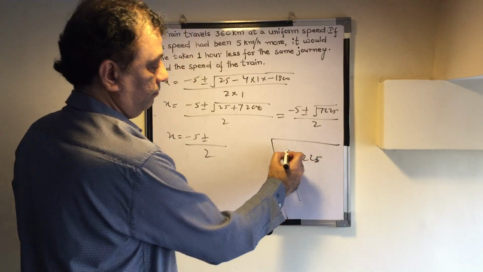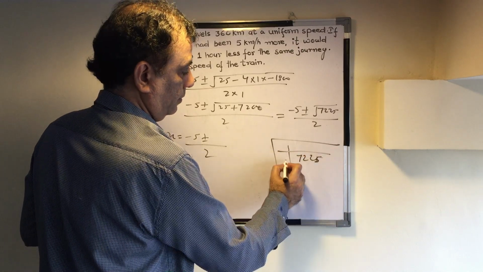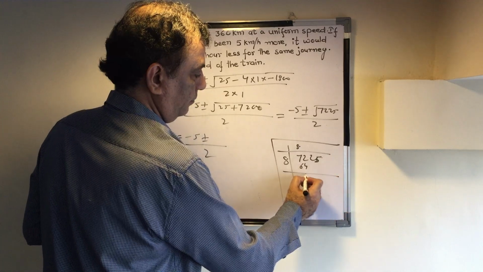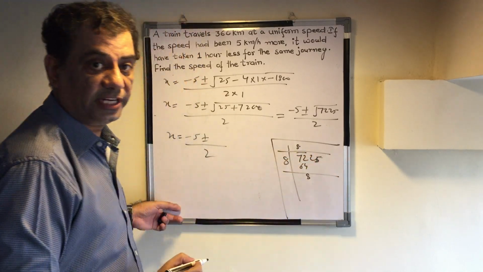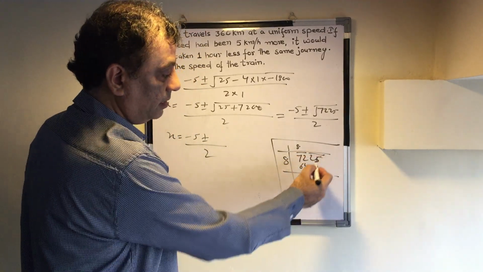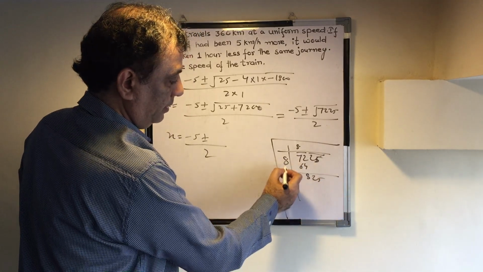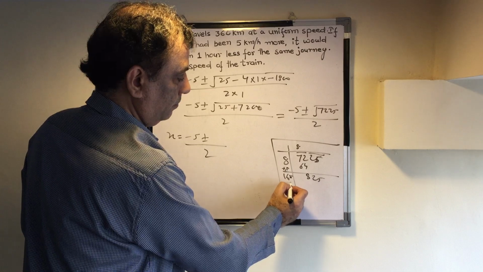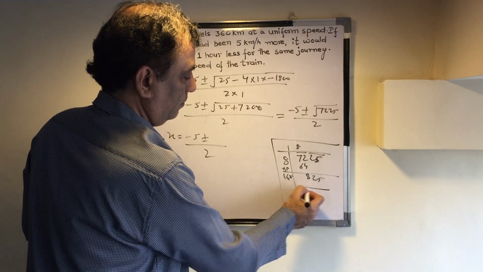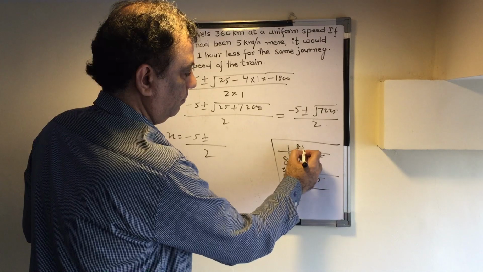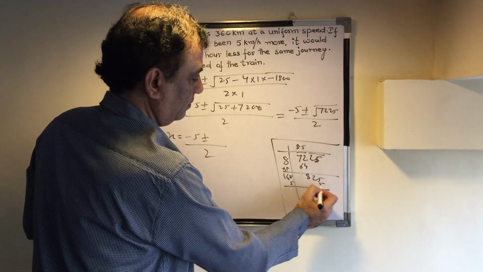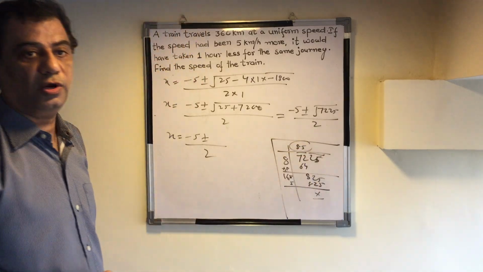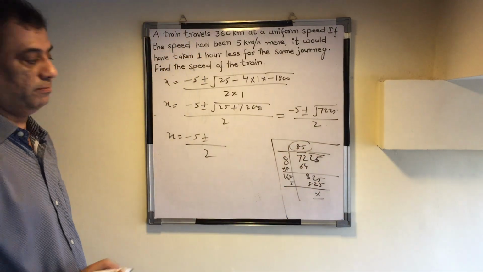We always take pairs, consider pairs. 8 8s are 64. 8 plus 8 is 16. 5 5s are 25. So 85 is the square root of 7225 using this method.